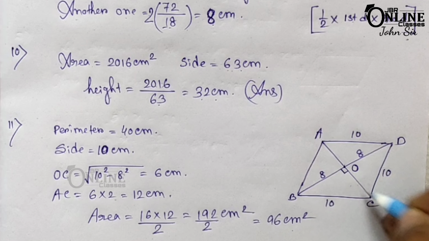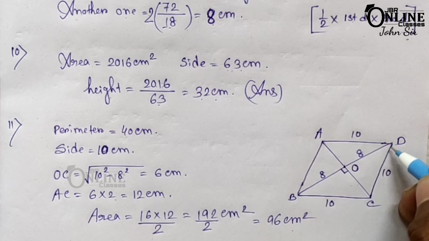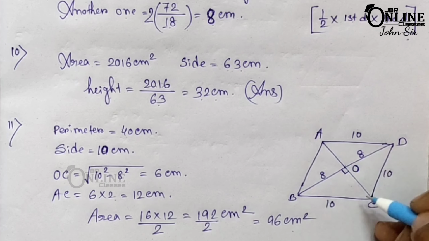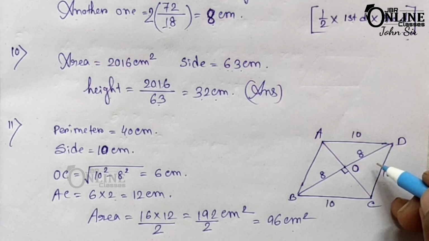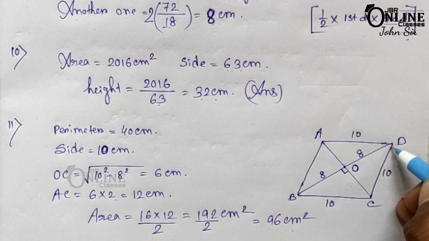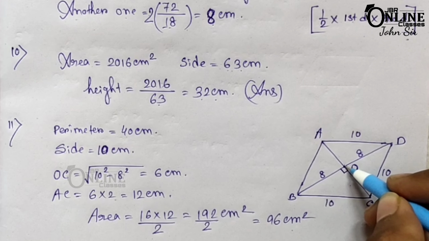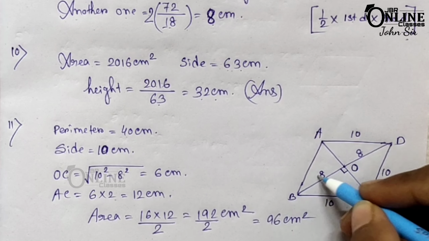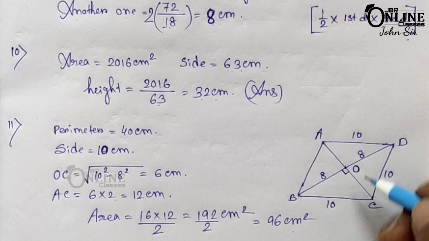So here BOC is 90 degree, AOD 90 degree, AOB 90 degree, and COD also 90 degree. And as these two diagonals bisect each other, and BD equals 16, BO and OD equal 8. So 8 plus 8 becomes 16.